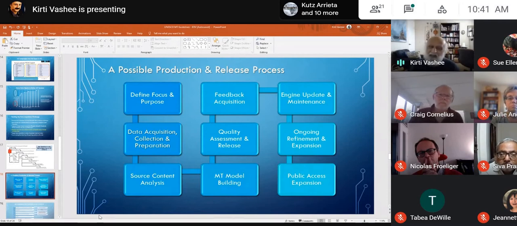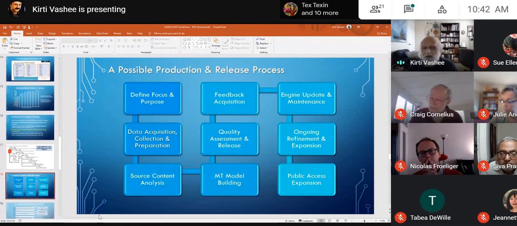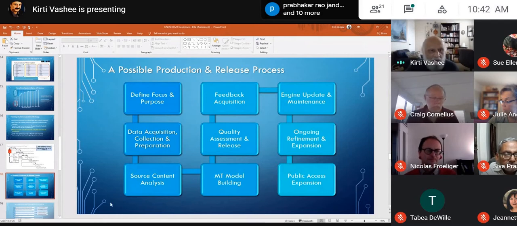So there's value in having the machine translation system because it enables you to translate all the new stuff, not just the old stuff. The old stuff is wonderful, but it allows you to translate emerging research and emerging breakthrough stuff that's coming through. So then you collect feedback on how good or how bad it is, and then you continue to refine and improve the model. And this is the process that most people are going to go through.